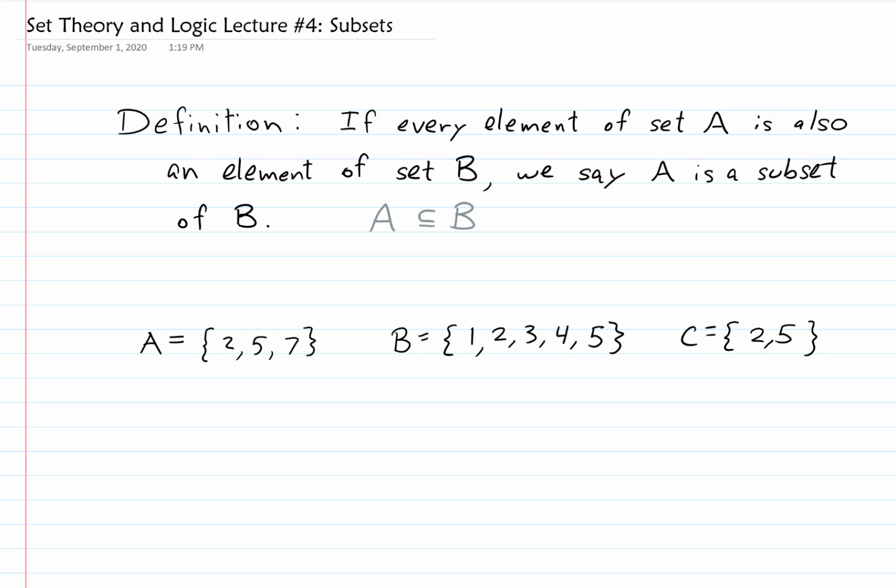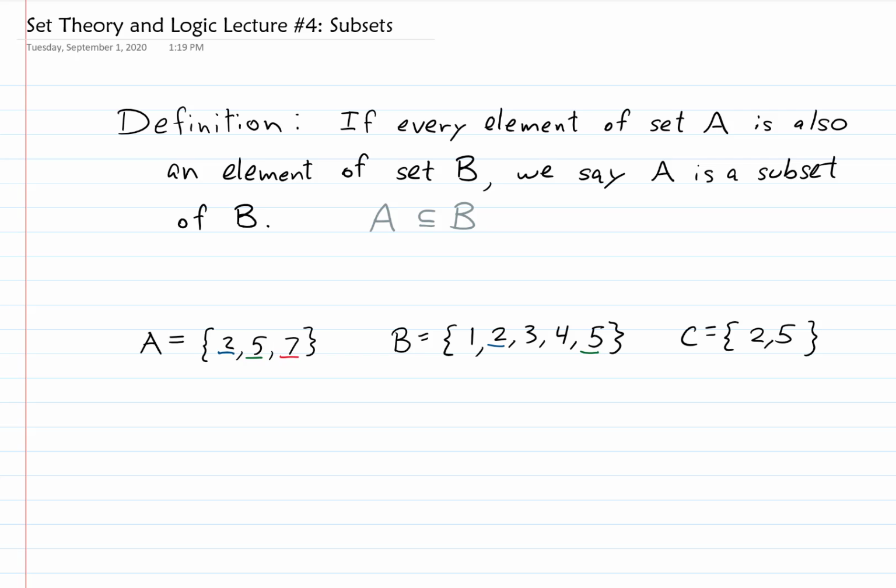Okay, so let's look at A. Is every element of A in the set B? Let's ask that question. So let's go one at a time. So there's 2. Is that in B? Yes, it is. Here's 5. Is that in B? Yes, it is. Here's 7.